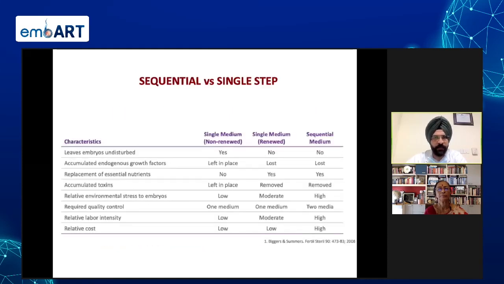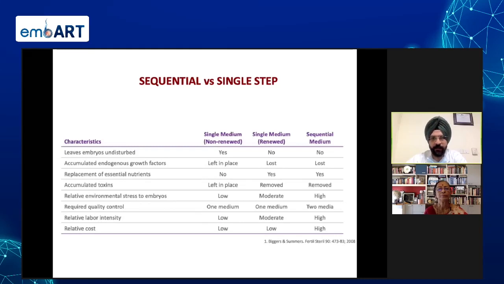If you look at the single versus sequential debate, in single media, if you're not renewing the media, the embryos are left undisturbed. So a lot of toxins can accumulate, whereas the positive side is that endogenous growth factors and autocrine and paracrine factors are also left undisturbed.